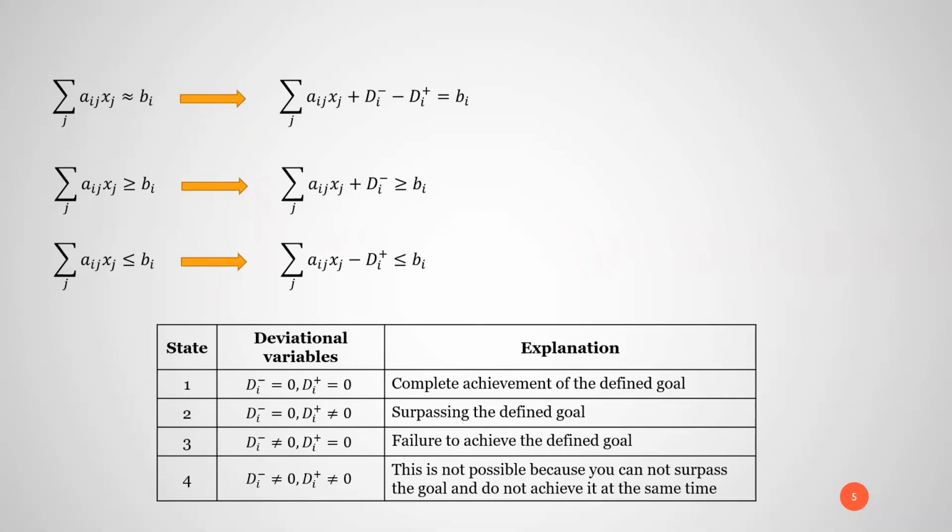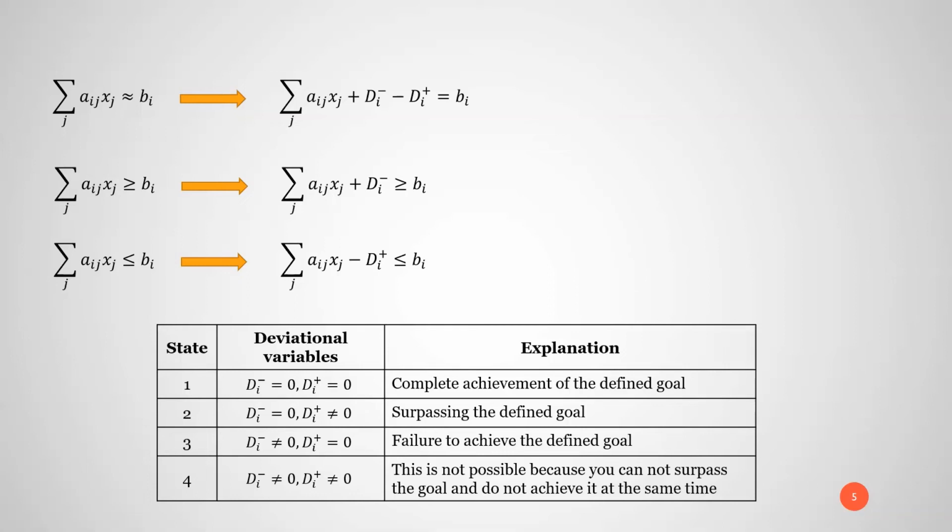And if it is a greater than or equal type, we only need to use the underachievement deviation. And if the constraint is of the less than or equal type, we will use the overachievement, as you can see. So we are dealing with 4 states here.